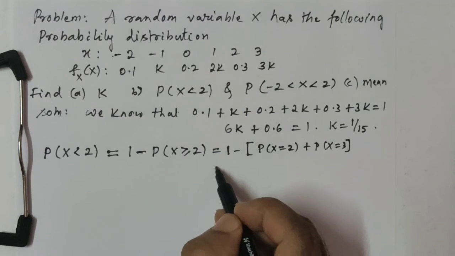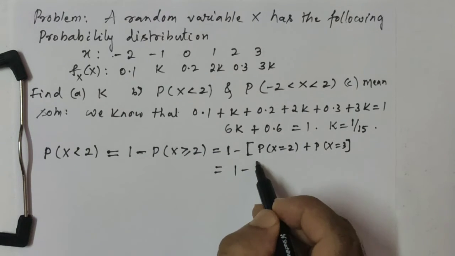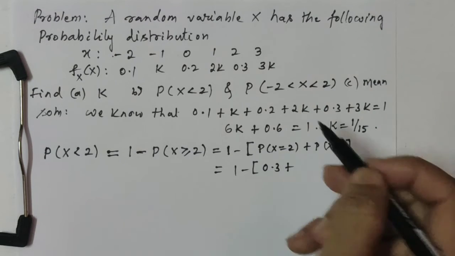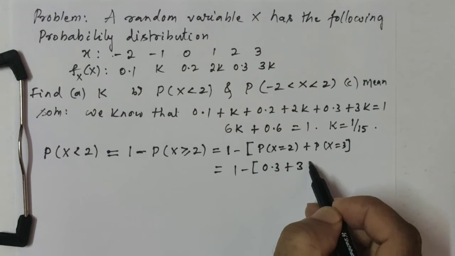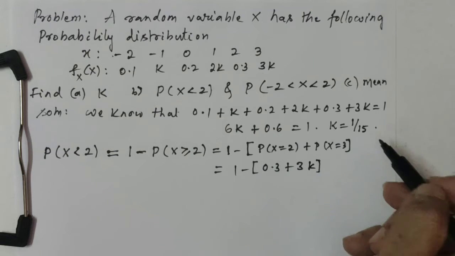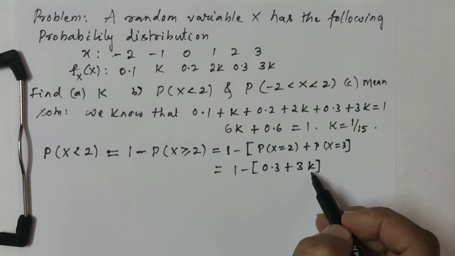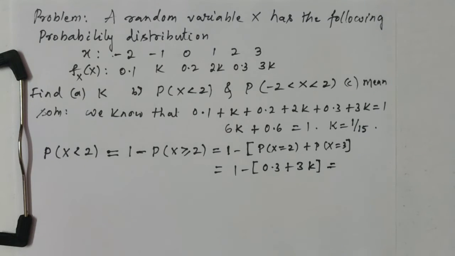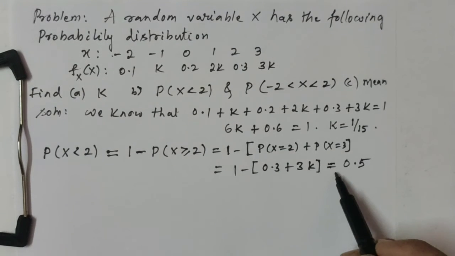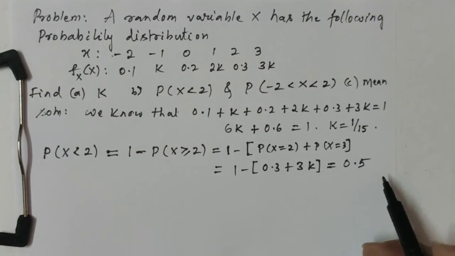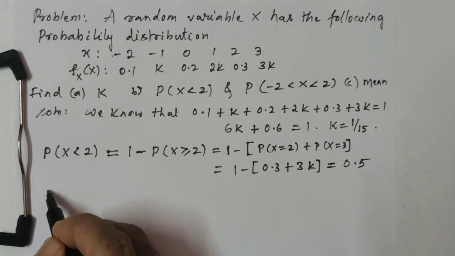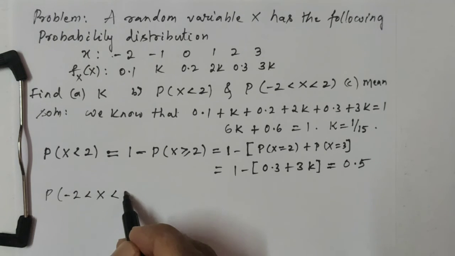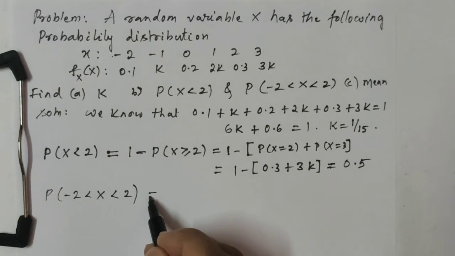So this is equal to 1 minus (0.3 plus 3k). Substitute k equal to 1 by 15 and simplify this to get 0.5.